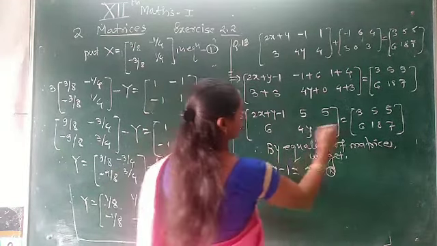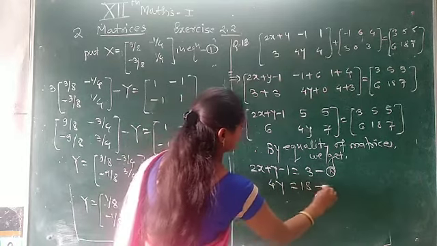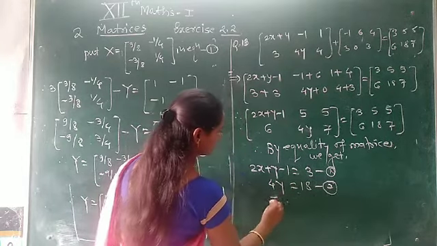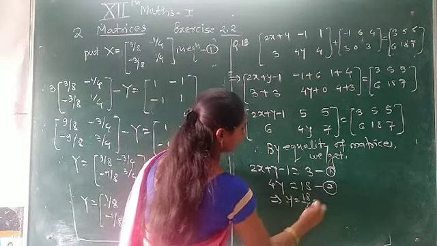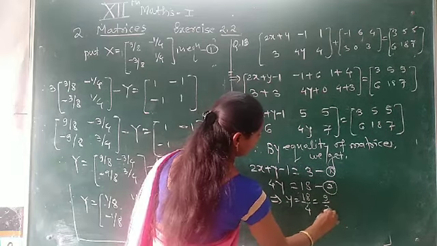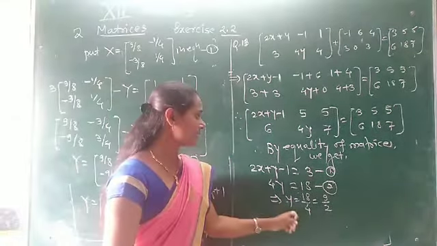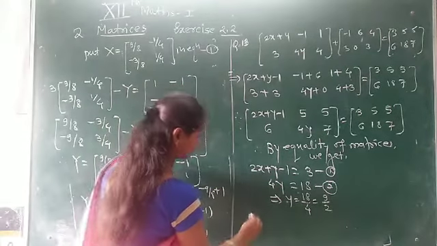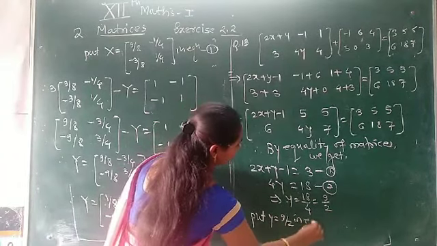Next 4y is equal to 18, equation number 2. So this equation implies y is equal to 18 upon 4, that is 9 upon 2. So the value of y is equal to 9 upon 2. So put this value in equation 1. Put y is equal to 9 by 2 in equation 1.